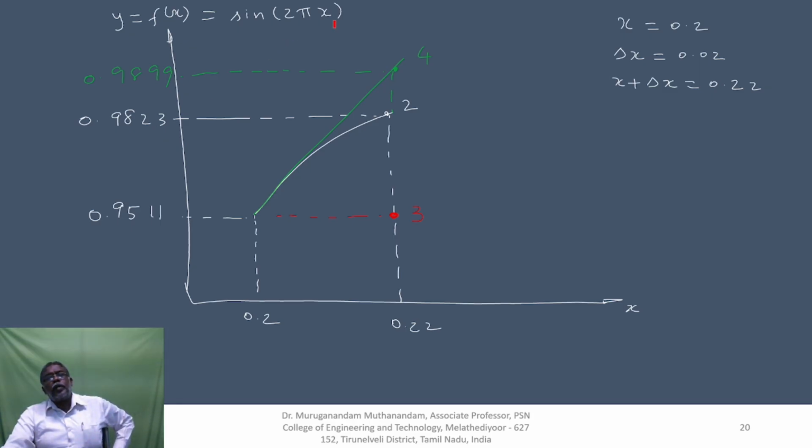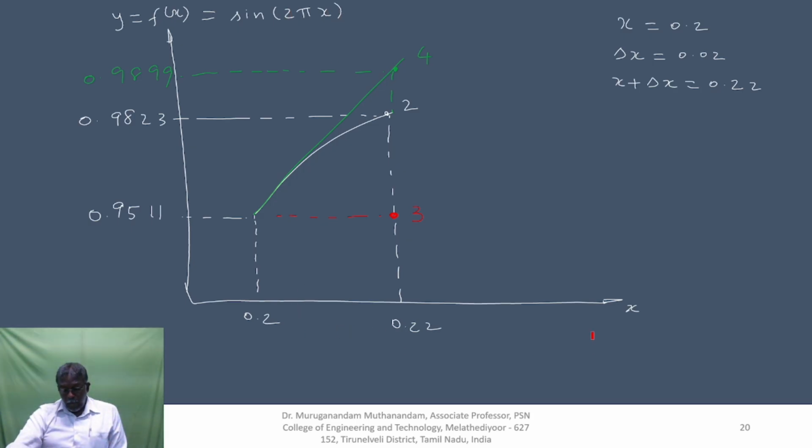This is a simple function, but in computational fluid dynamics we have very complex functions for which we cannot calculate the value of y in a straightforward manner, as we are doing in this example. Since it is a simple function, we are able to find the value of y at various places by substituting 0.2, 0.22, etc. for x.